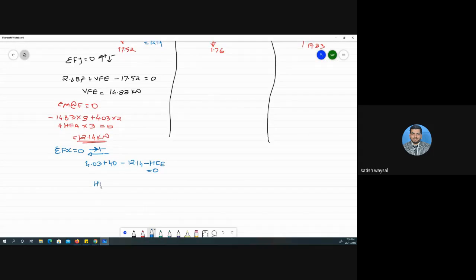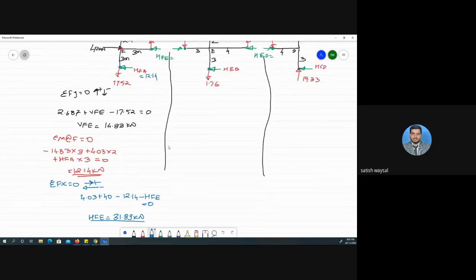So this will give you HFE is equal to 31.89. Very good. 31.89 kilonewton. Okay.